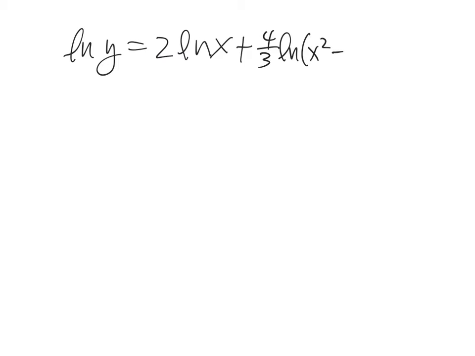X squared minus 3x plus 2. And then the minus 3 natural log of 1 minus x. So that is about all we can do. There might be something more we could do on the inside here, but at this point that's plenty good. We've got our exponents out of the way.